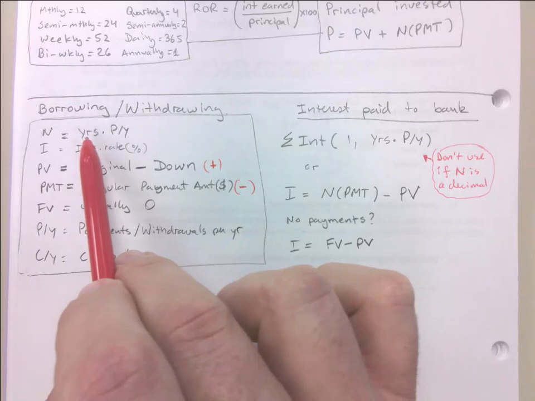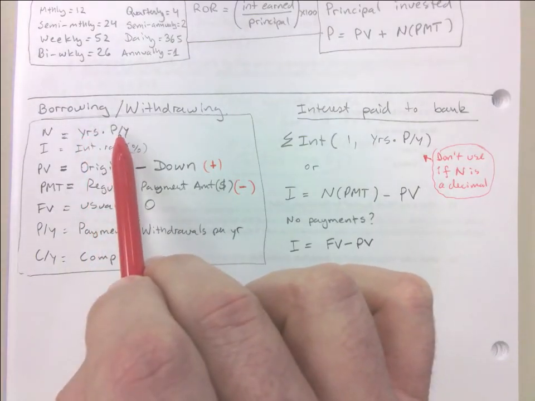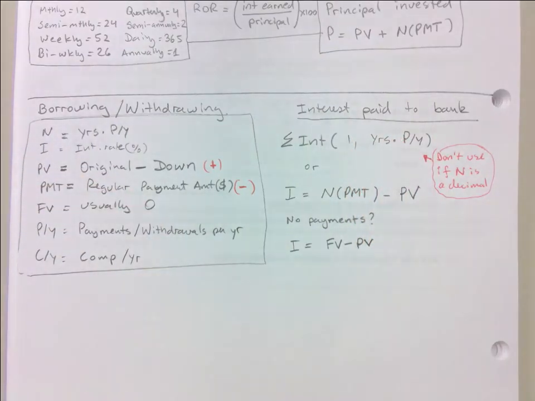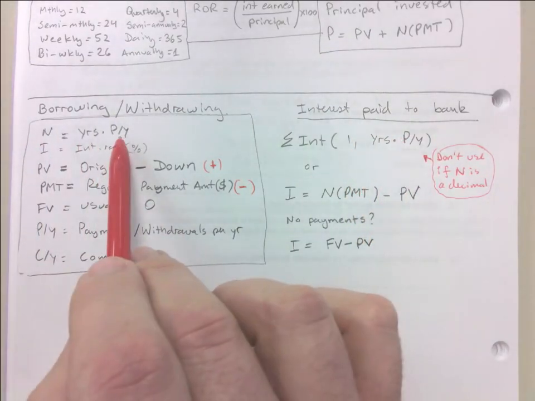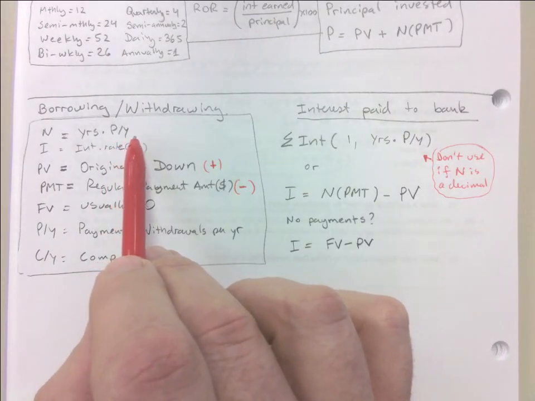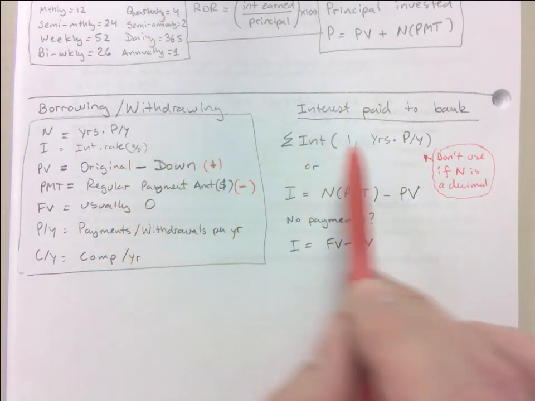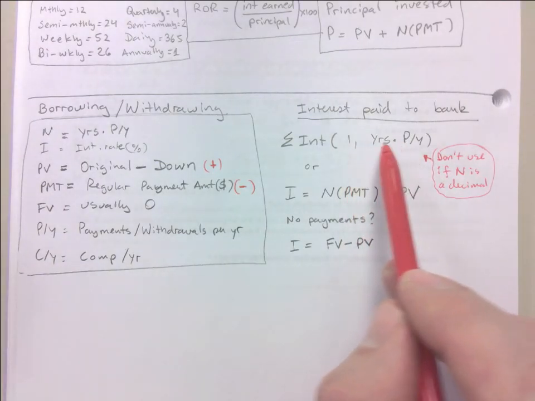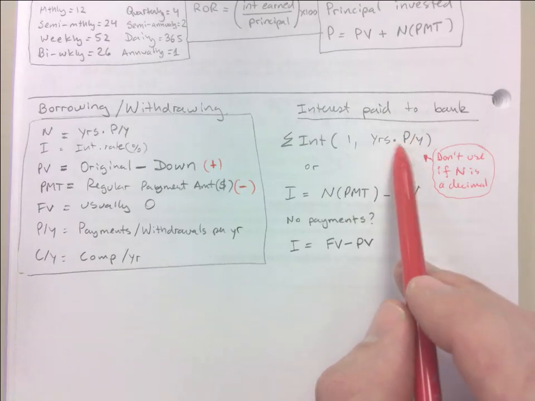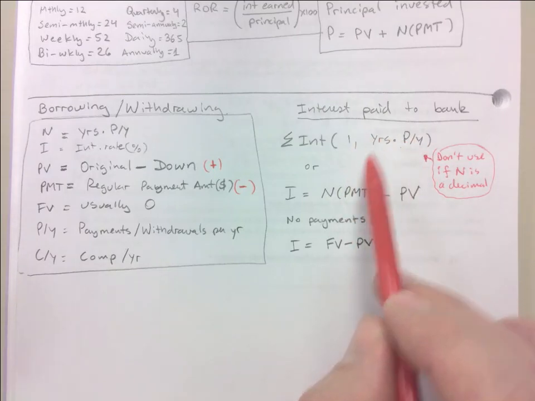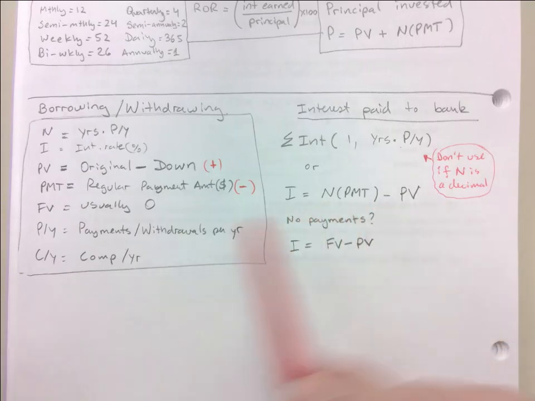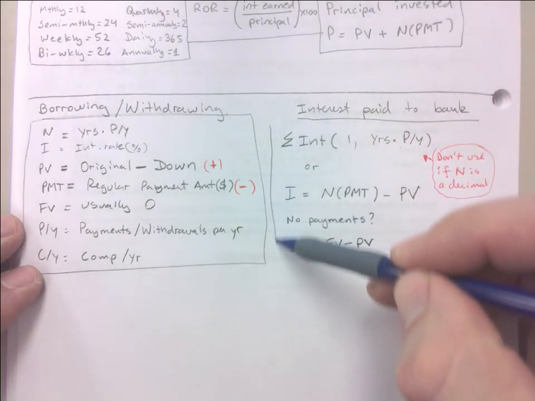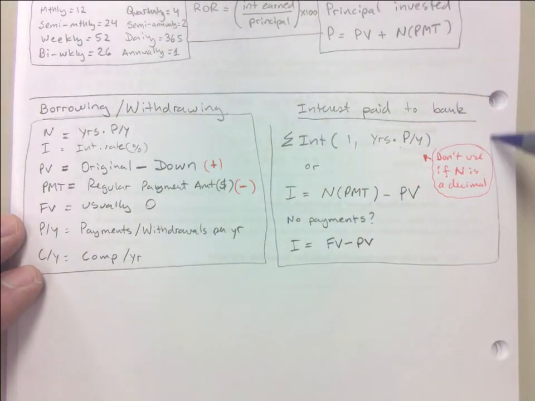Normally, if this is 60, let's say it's 5 times 12. 5 times 12 is 60. We would go from 1 to 60, all of the interest paid. But if you solve for N and it's like 59.543 or whatever, don't go 1 comma 59 point whatever. It's not going to work for you. It needs to be a whole number. So if it's a decimal, you have to use this formula right here. Okay, so this is interest paid. I'm going to box this off here for you.